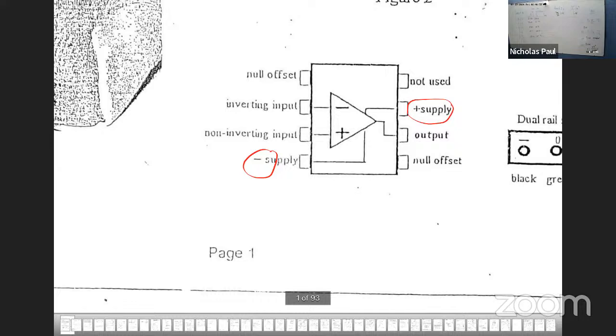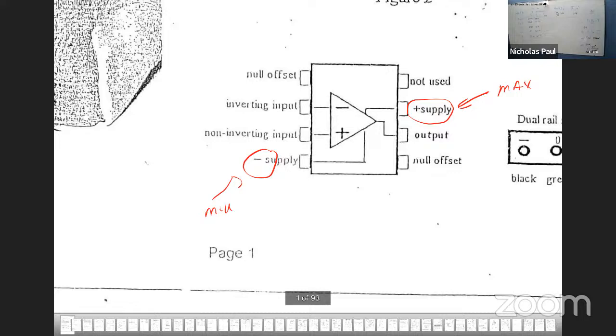The supply tells you what is the highest possible output that you can get. So this is the highest possible output, and this is the lowest possible output that you can get. You cannot amplify input more than those two values.